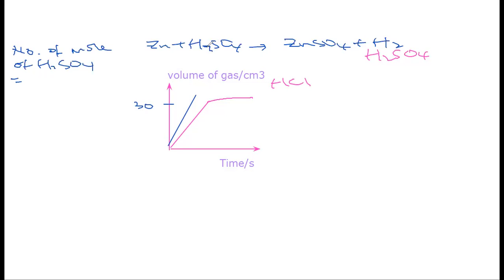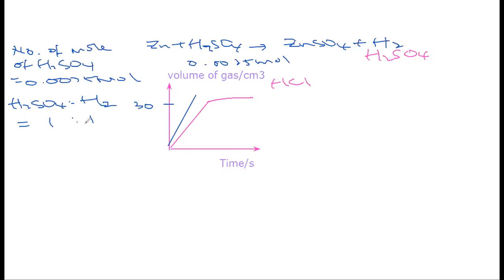0.0025, is it? So now when we are talking about H2SO4, since the volume and concentration are the same, we are still getting 0.0025 mole. Okay. Now the ratio of H2SO4 to the hydrogen gas is still 1:1.